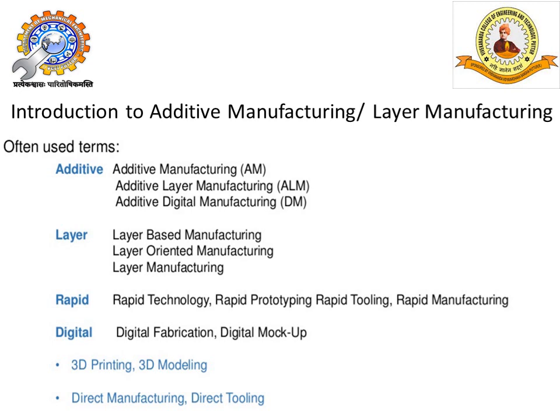Introduction to additive manufacturing or layer manufacturing. In this session, we are going to use repeatedly the terms additive, layer, rapid, digital, etc. Additive reflects additive manufacturing, abbreviated as AM, additive layer manufacturing as ALM, and additive digital manufacturing as DM.